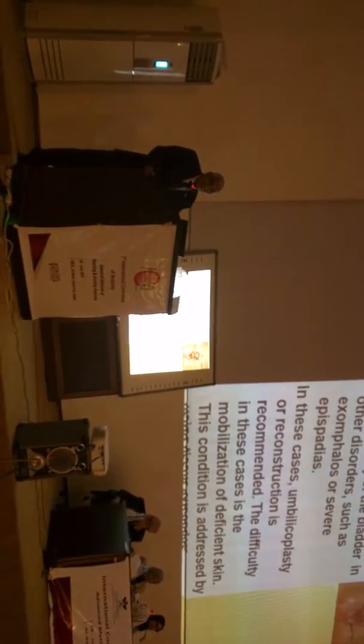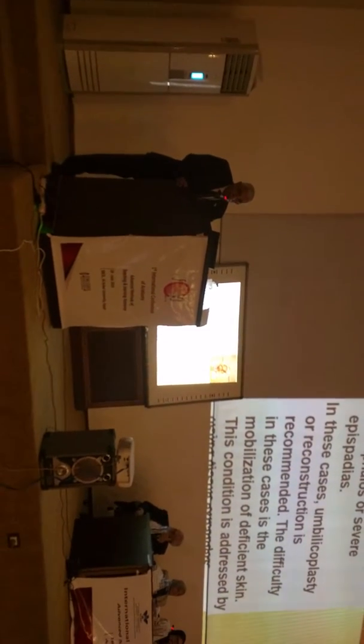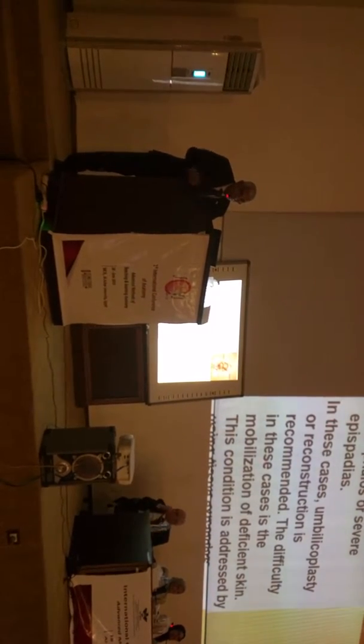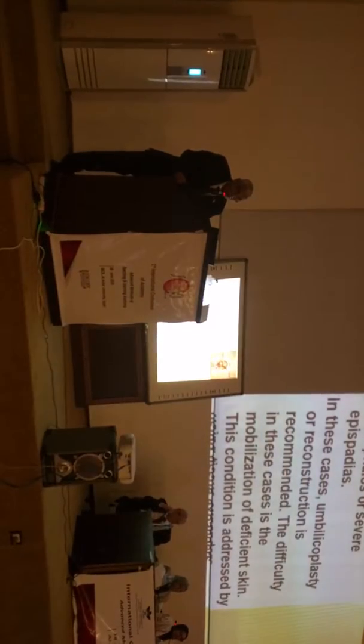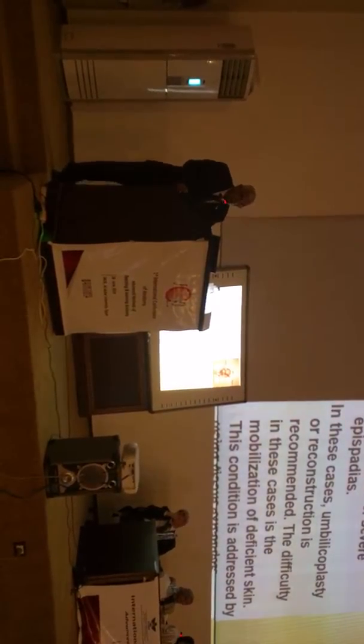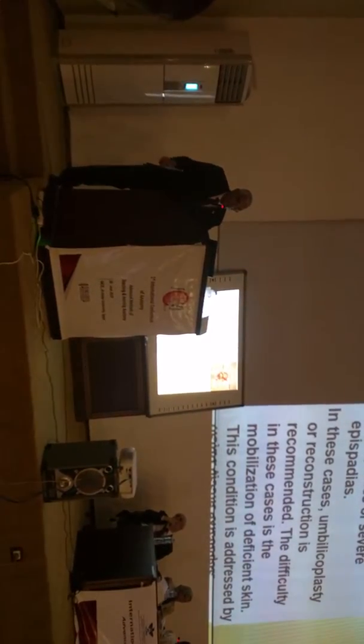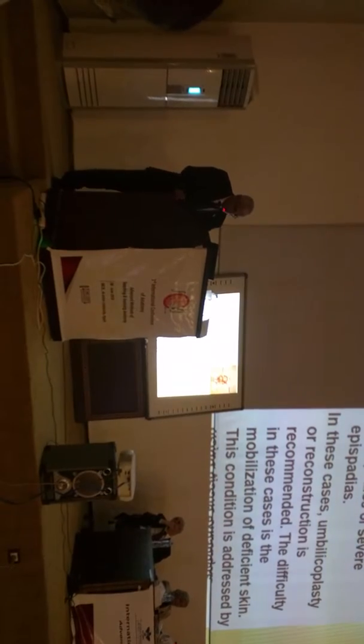In these cases, the problem is in umbilicoplasty, or reconstruction of the umbilicus. The deficient skin here makes it very difficult, so we can use a skin expander to make it easier to use the skin.